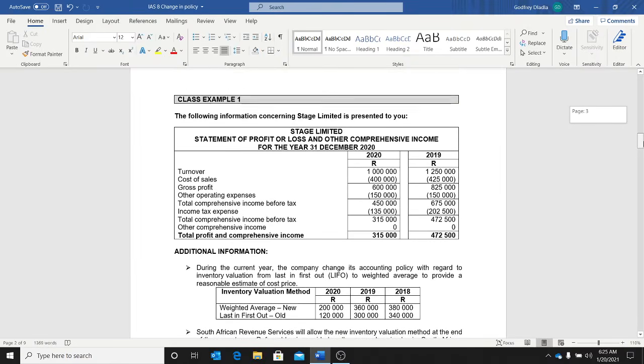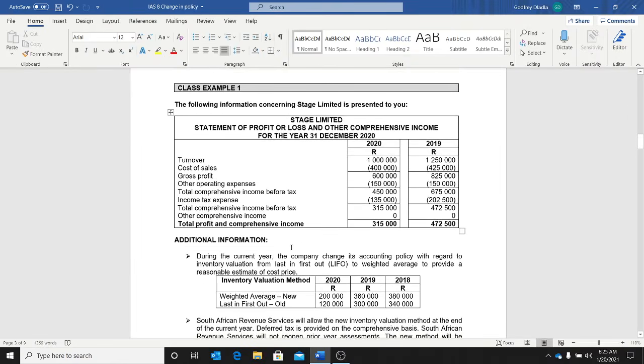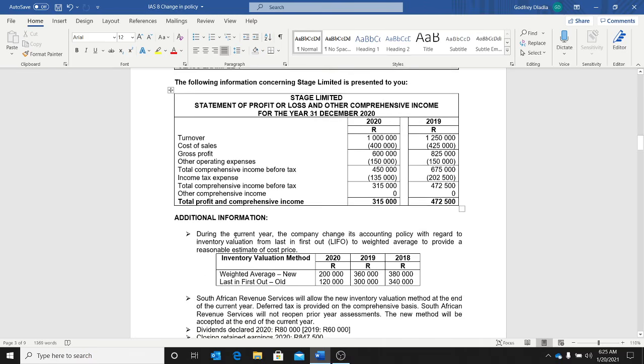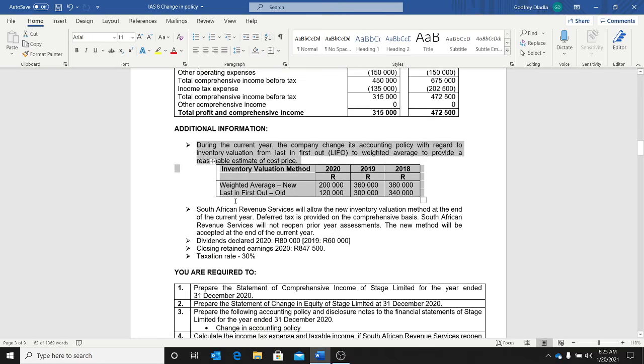Now here's the question presented to us. So what you then need to do, you need to look at this thing in this fashion. Here, under additional information, they are giving us a table. This table tells us that the old method is last in, first out. You can see it here.